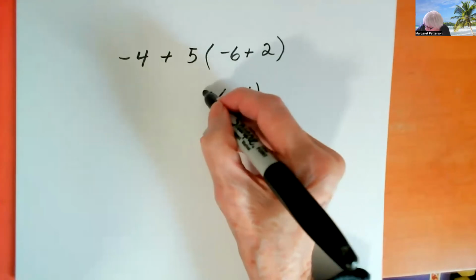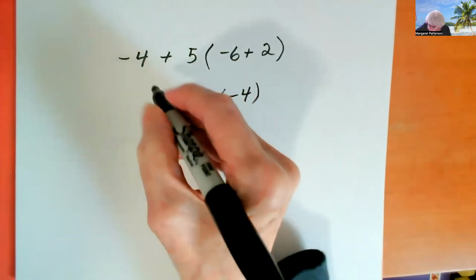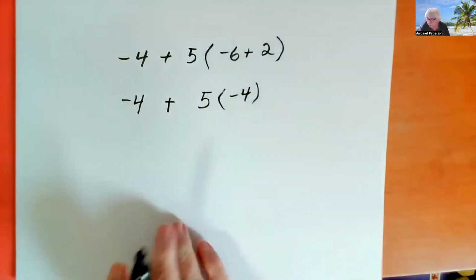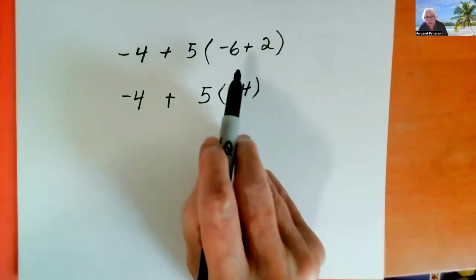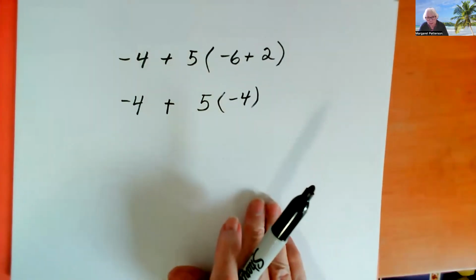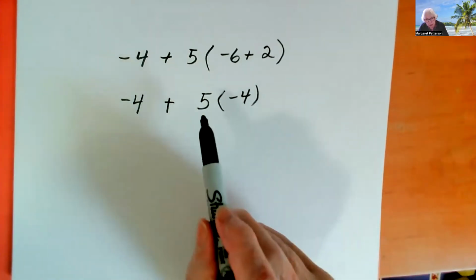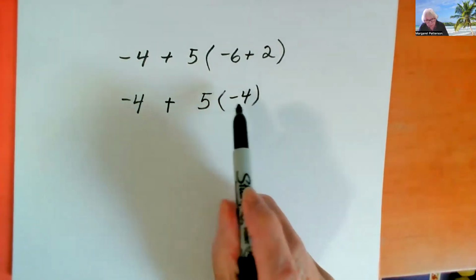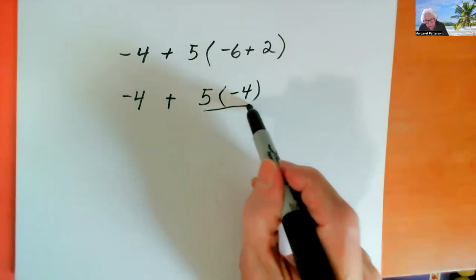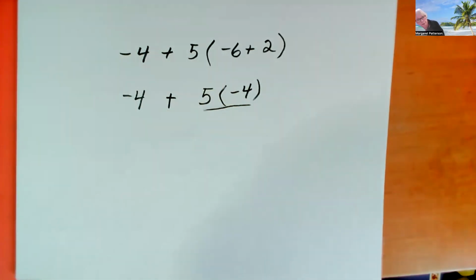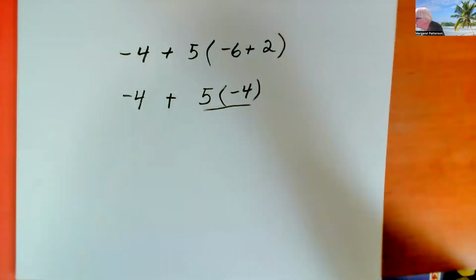The 5 is here, and then it's plus -4. So we did this first. Multiplication is second. There you are. It's a positive times a negative. You recall, here, if I can find my page.